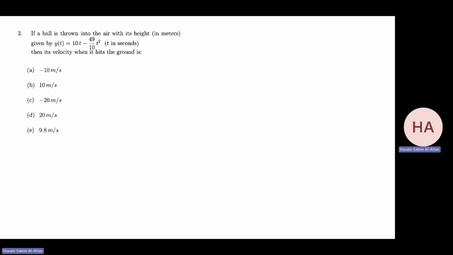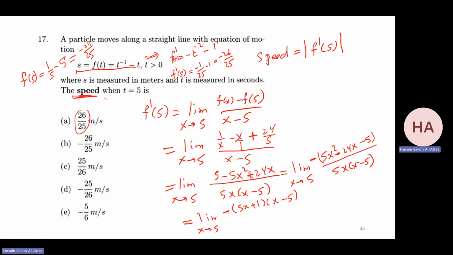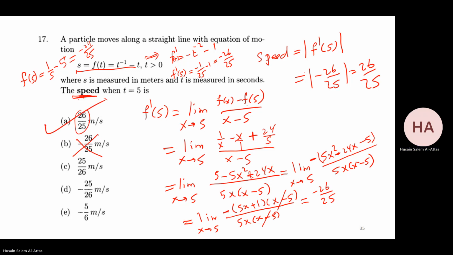This is plus 1 over 5x times x minus 5. This is cancelled. Substitute: 5 times 5 is 25, plus 1, 26 over 25. So it's minus 26 over 25. So this is the answer? No, because I know the speed is what? The absolute value of minus 26 over 25, which is 26 over 25. This is the answer.